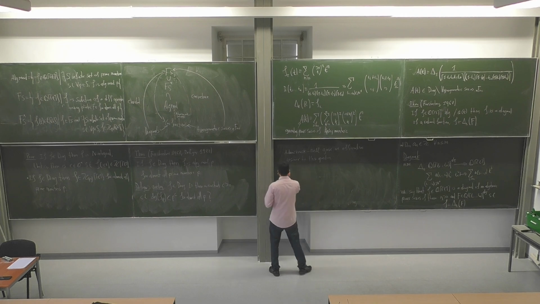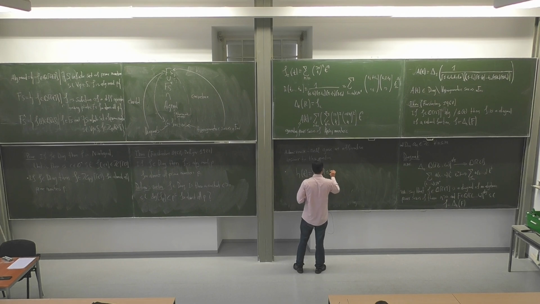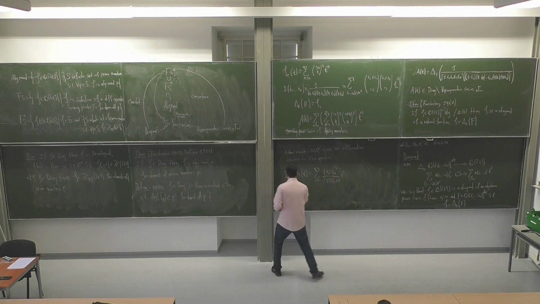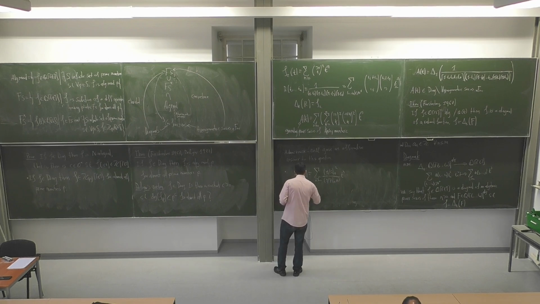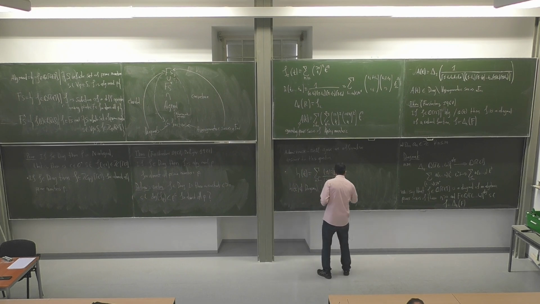So for example, if you take the following hypergeometric series, H(t), it is still not a diagonal because it is still not an integral.